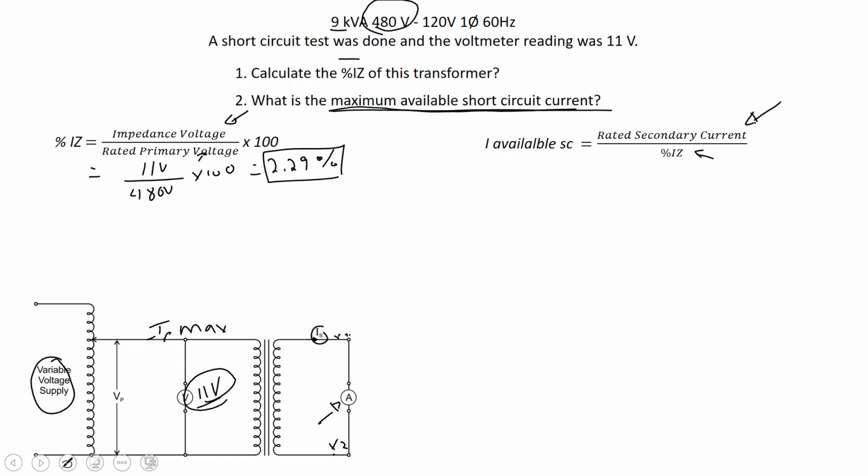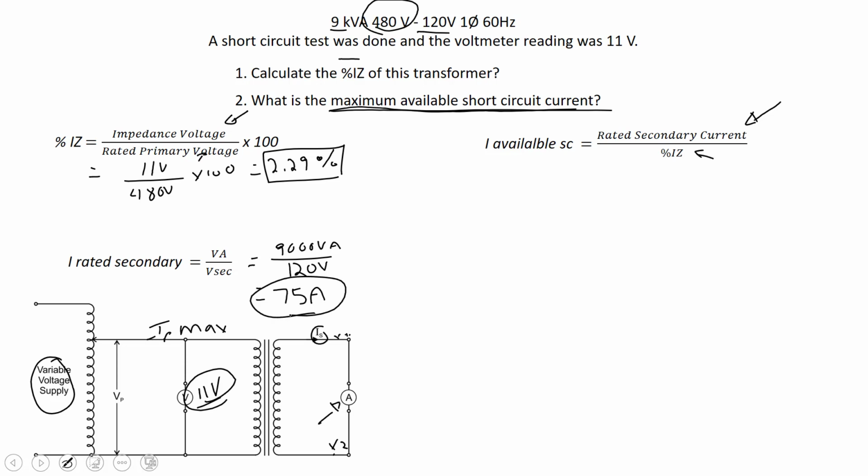We have a 9 kVA transformer, so we take our VA, 9,000, and divide it by our secondary voltage, which is 120. That comes to about 75 amps. So now I've got my rated secondary current.